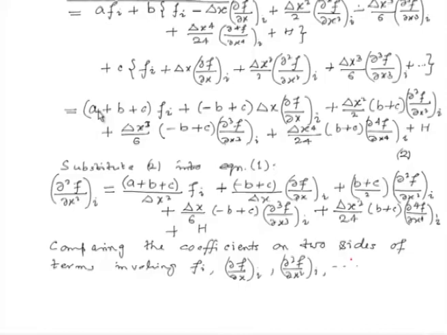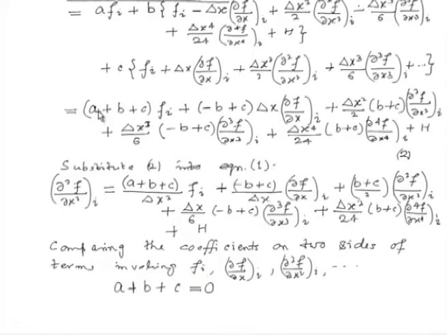What do we get? We get a plus b plus c is equal to 0. That's what we get, the coefficient of f(i). On the left hand side there is no term on f(i), so its coefficient is 0. On the right hand side we got (a plus b plus c) divided by delta x square, so this should be set to 0. So we get this equation in terms of a, b and c.